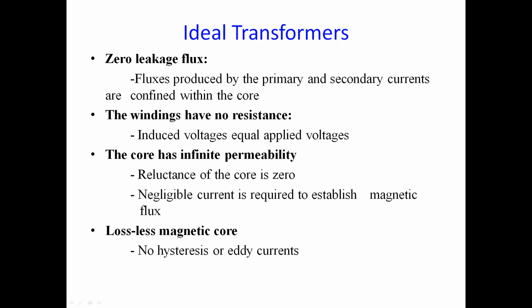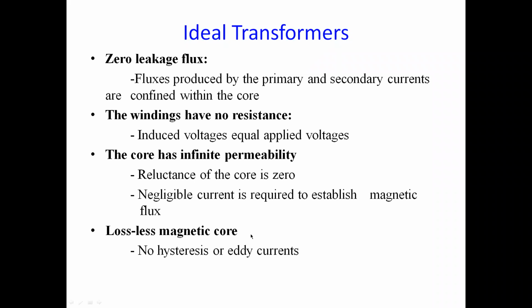If your core material is of high permeability, then maximum flux passes through it. Correct, no? So the reluctance of the core is zero. Negligible current means only the magnetizing current is required to establish the magnetic flux.